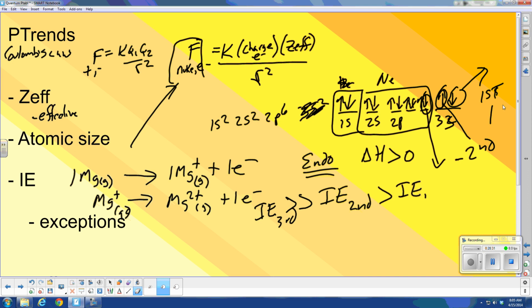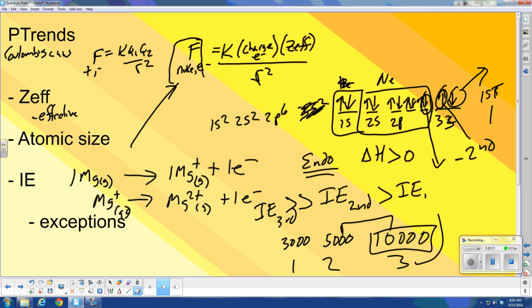And so when you're looking at a table, if you have something like 10,000 and then 5,000 and 3,000 for your ionization energies, and this is 1, 2, and 3, you see this big giant jump. That means that you are removing this electron from a core.